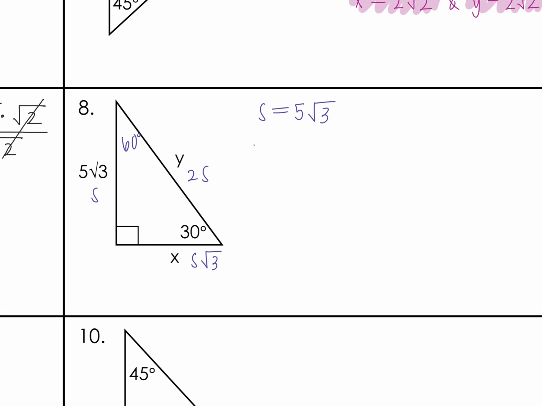And since my x here is going to be s root 3, we are going to get 5 root 3, my s, times another root 3. So we are going to get 5 times root 3 times root 3, which gives me 3, which will give me 15. Okay, so x is equal to 15.